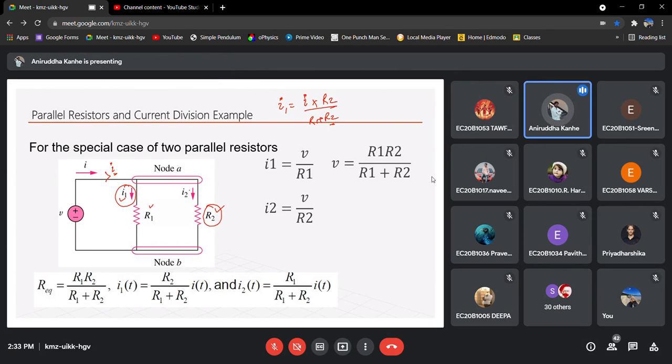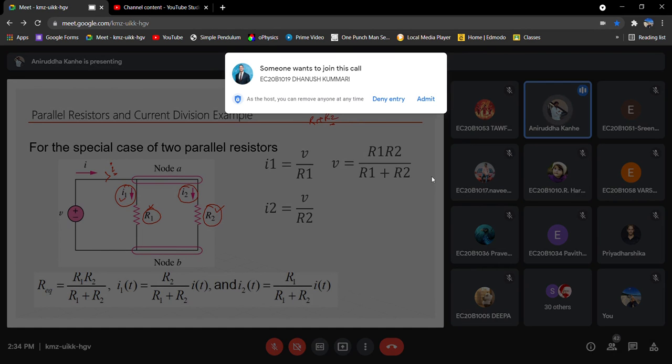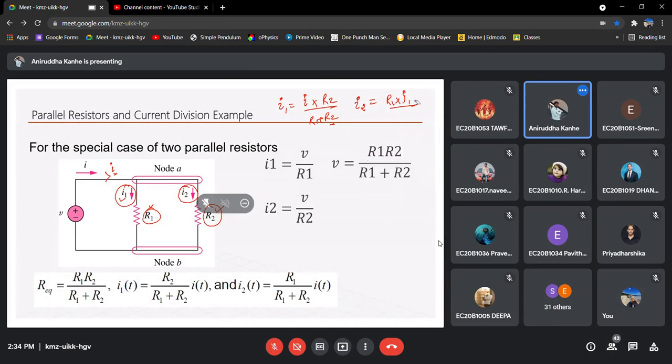Similarly, I2 is the other resistance R1 multiplied with the total current I, divided by R1 plus R2. I hope this was clear to everyone, and you can memorize it in a very simple way.